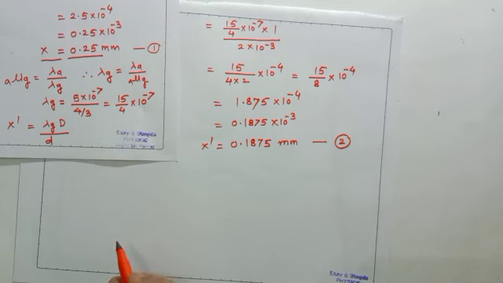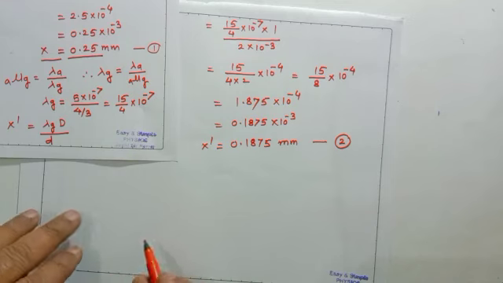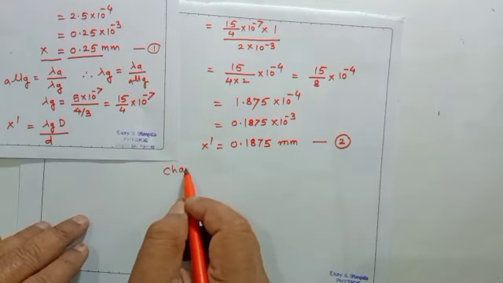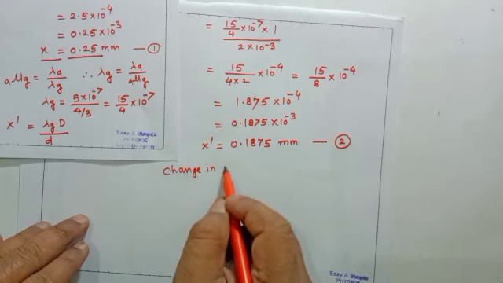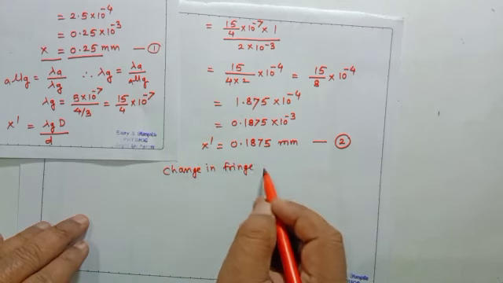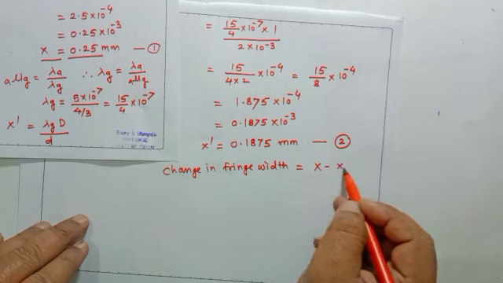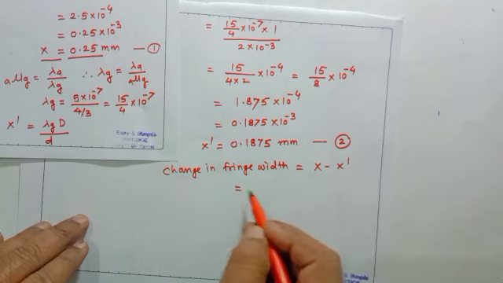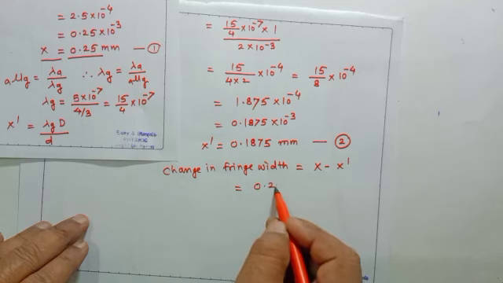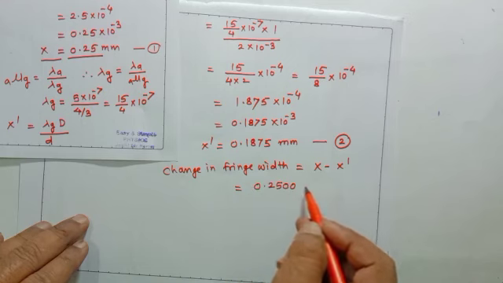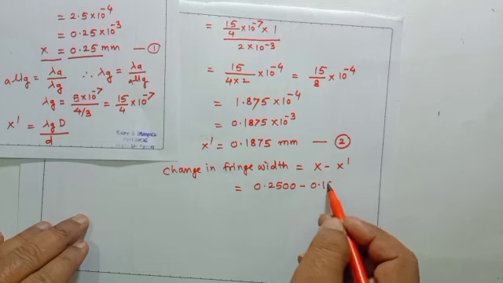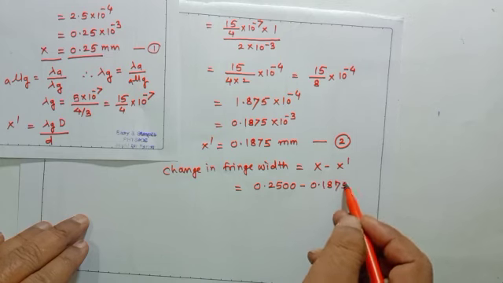Here we can find the change in fringe width. The change in fringe width is x minus x dash. So it will be 0.2500 minus 0.1875.